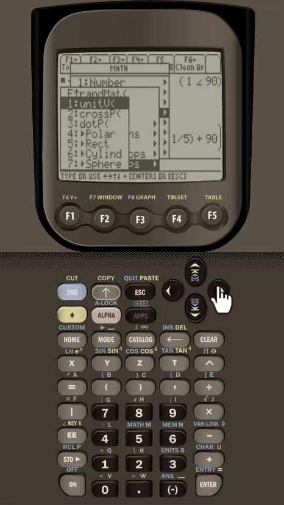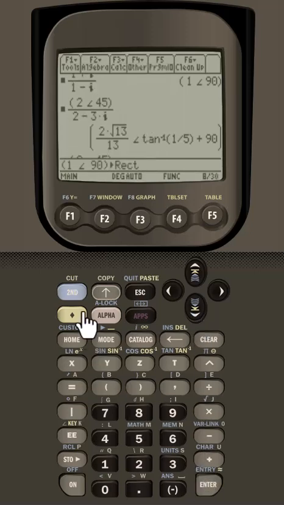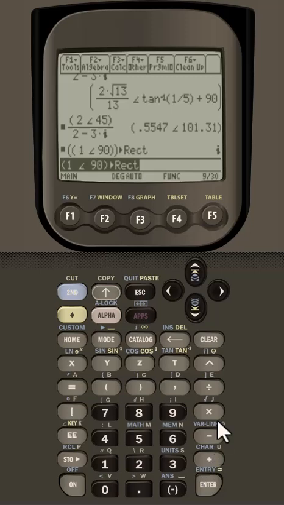And then go to the right and scroll down until you get to, oh, it's only number 4. Scroll down until you get to, or number 5, convert to rectangular. And now I'm going to do diamond, enter. And I get that that answer is just J, which in fact it is.